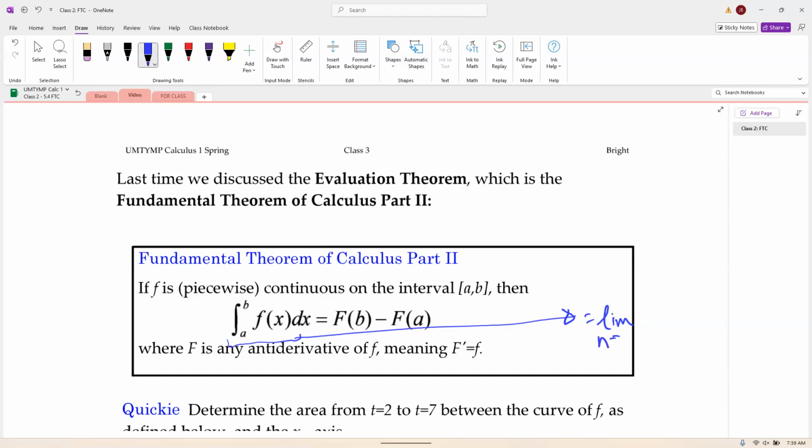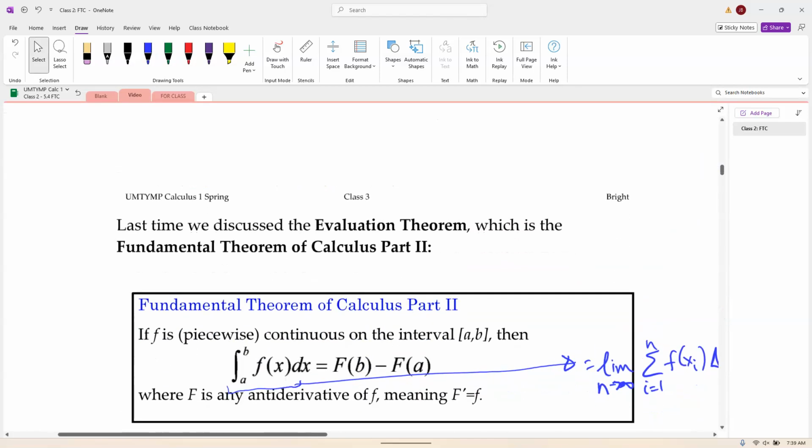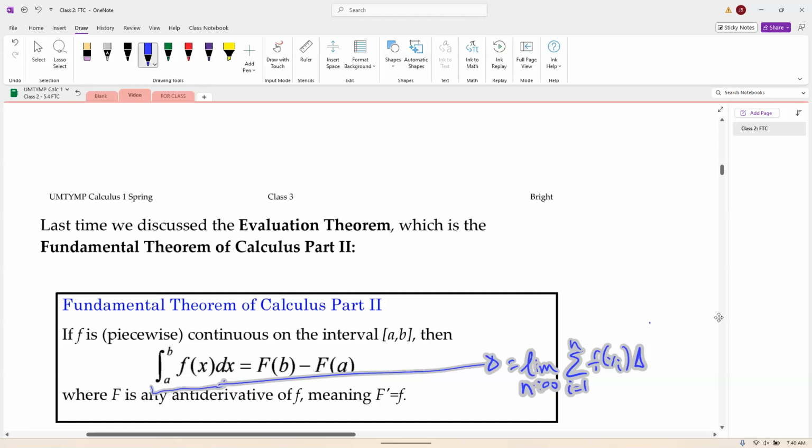We would send n to infinity, and inside we would let i iterate from 1 to n of f of xi delta x, where delta x is the width of the rectangle and f is the height. So we're taking the area of each of the n rectangles and passing n to infinity, so the number of rectangles gets larger and larger, giving us a better and better estimate of the area.